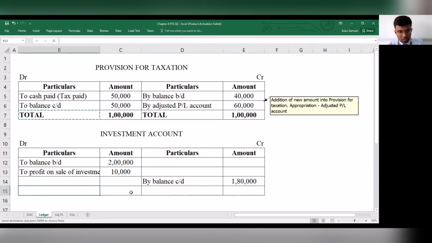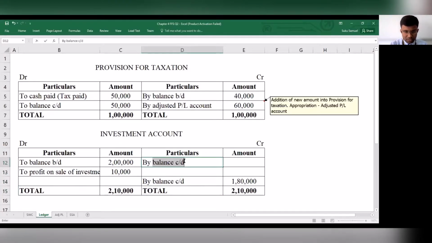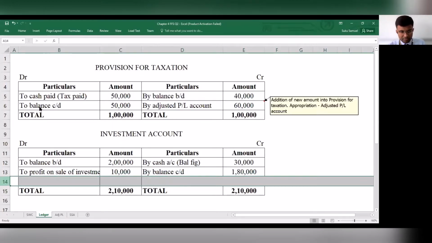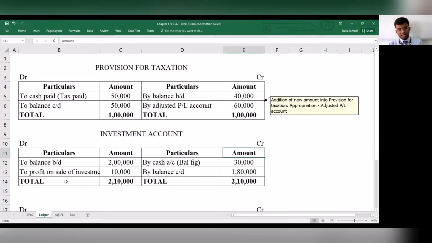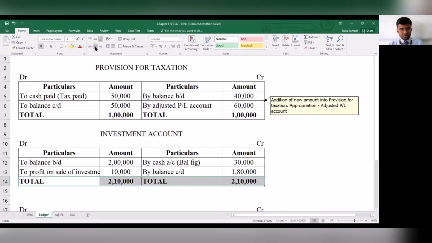Let's bring in the total, and the total here is 2,10,000. So here also it has to be 2,10,000, which means the balancing figure is 30,000, and that has been taken care of.